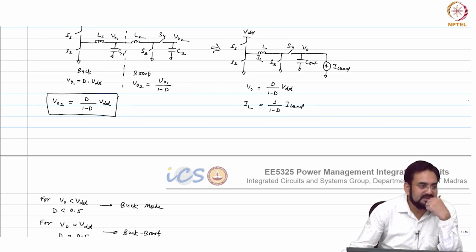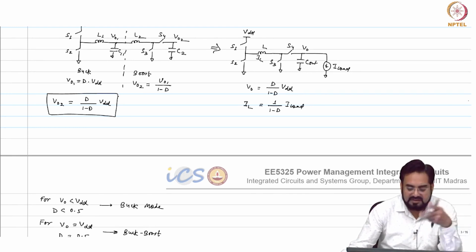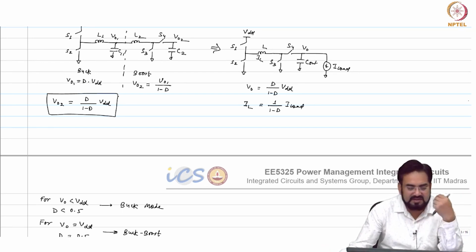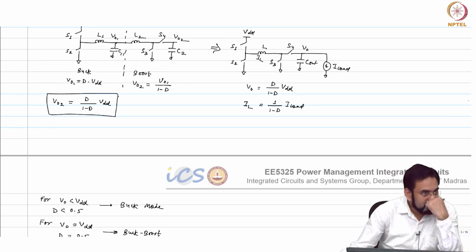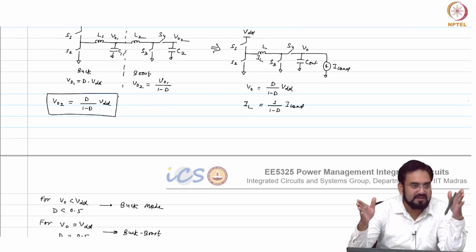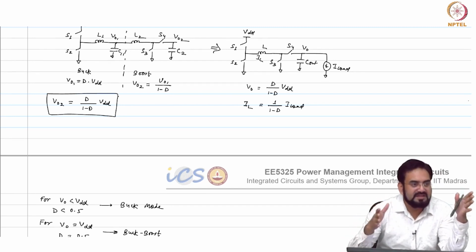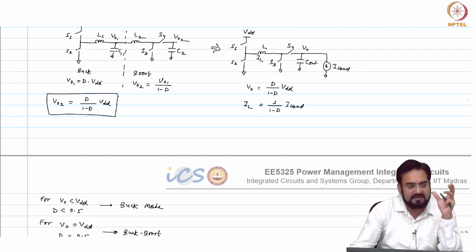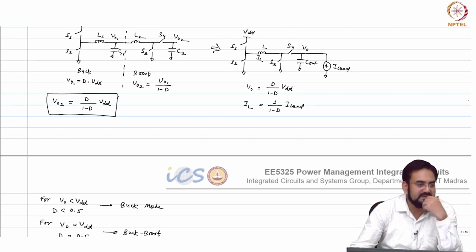So what about the losses there? How much difference in the I squared R loss are you seeing? 4 times difference. So why don't we do that actually? If I want V out equal to V in, why do I need this buck boost? Forget about the boost part now. Let's say my range is only V out less than or equal to V in. Do I still need a buck boost or can I do with buck only?